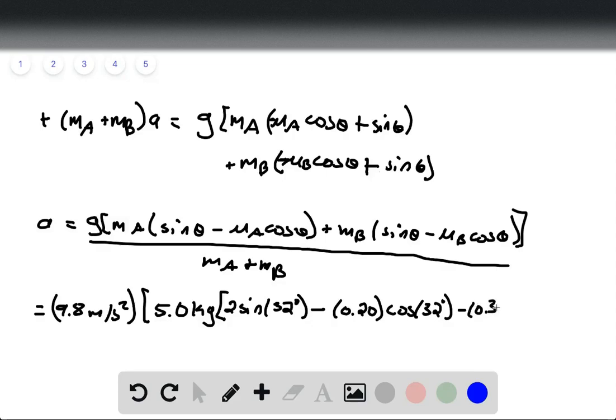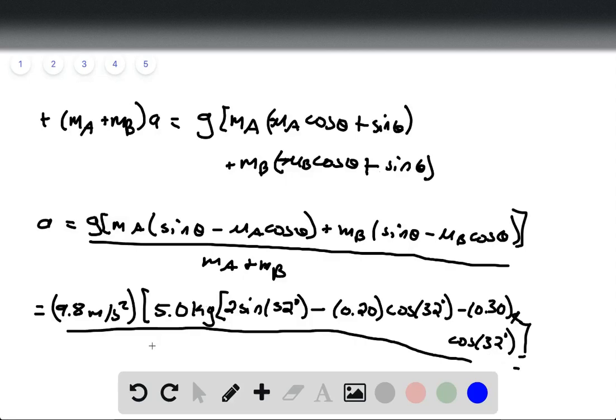Mu B is 0.3. And this will really be 10 kilograms on the bottom.